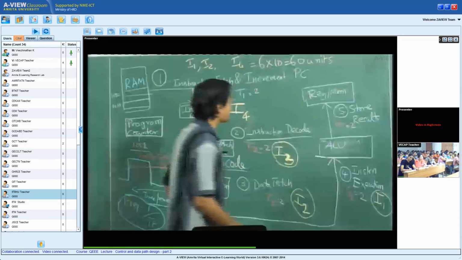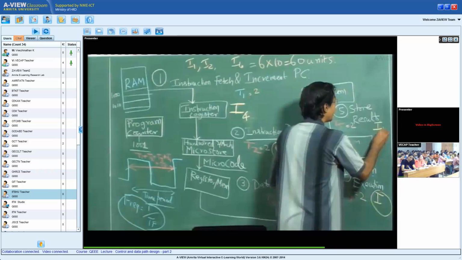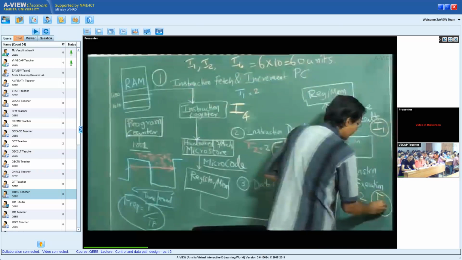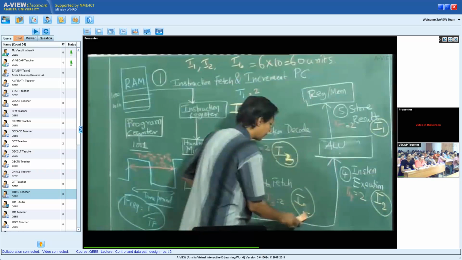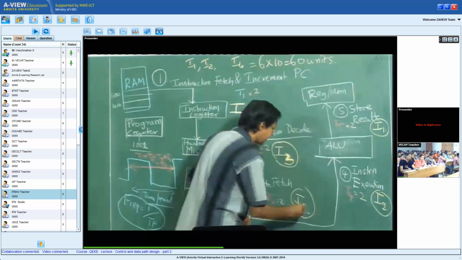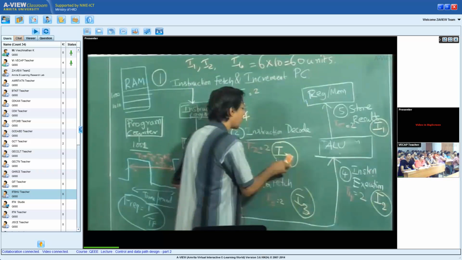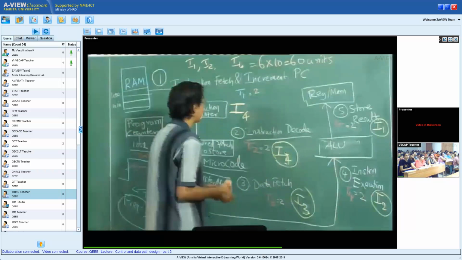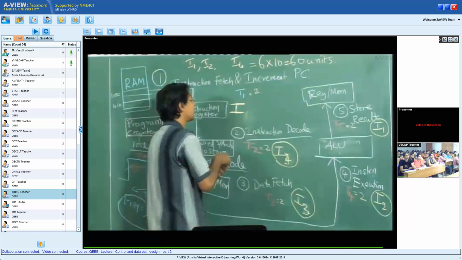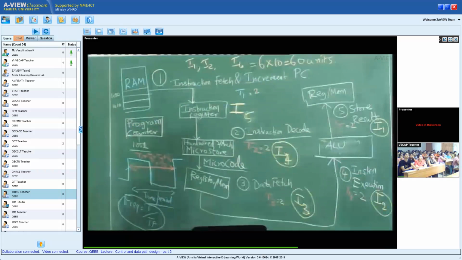When you are actually storing the results of I1, you execute instruction I2, fetch the data for I3, decode I4, and fetch instruction I5.